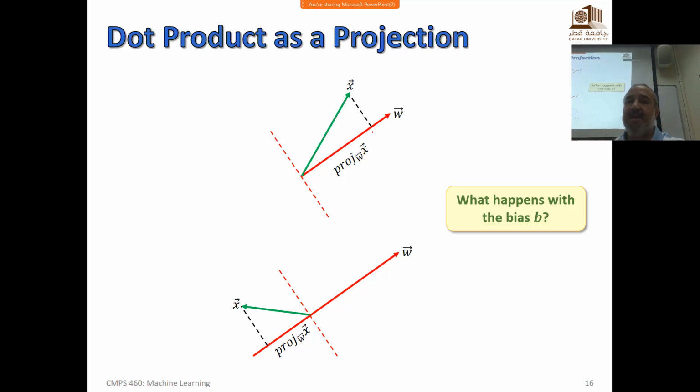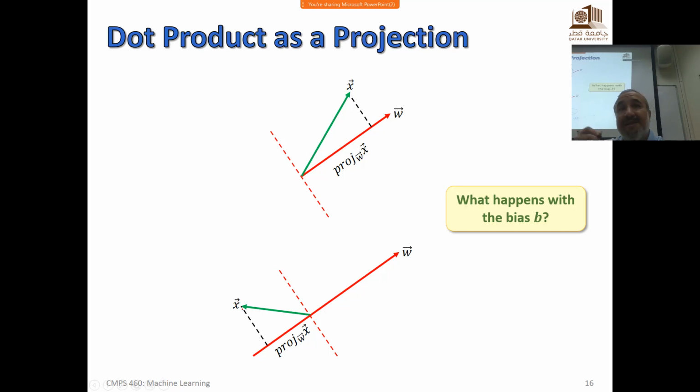So nothing new here. What if we consider this example? So still this will be positive, right? Let's see this example. Without the bias, the projection is negative, right? So this one will be predicted as negative.